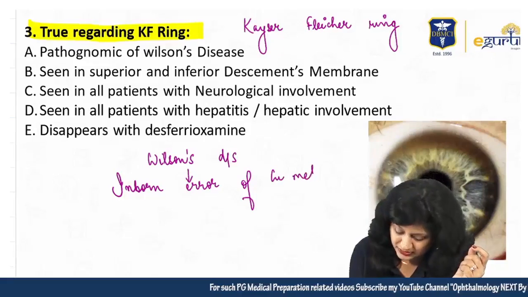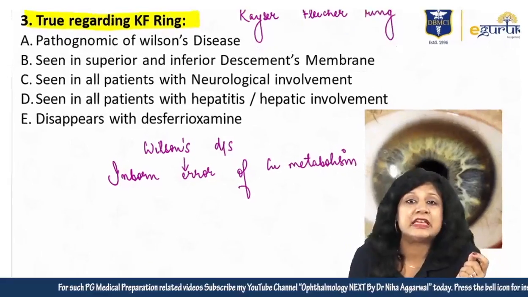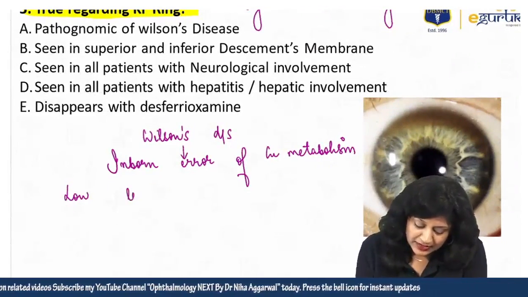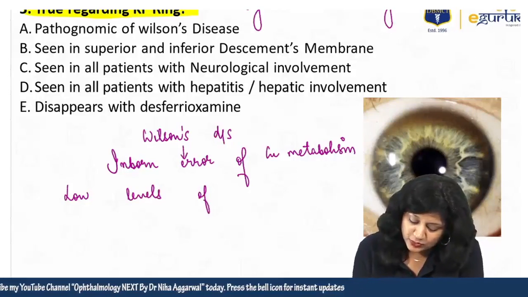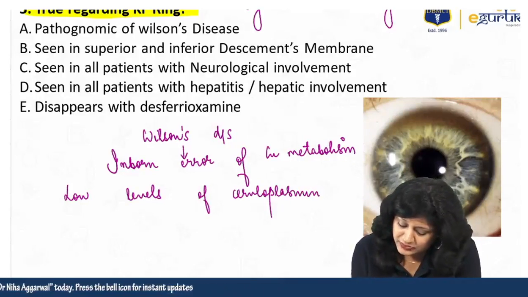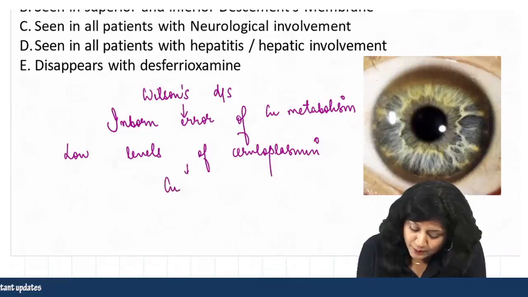So this is an inborn error of copper metabolism where you get the KF ring, and it is associated with low levels of ceruloplasmin. Due to the low levels of ceruloplasmin, we have copper deposition.